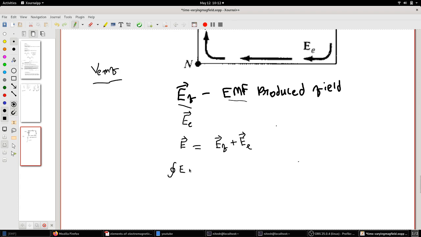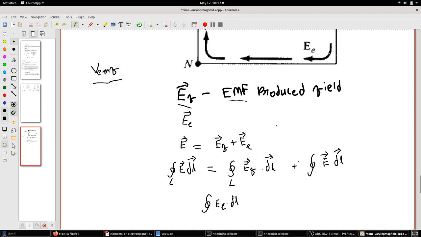for the closed circuit, the closed integral of E dot dl. I know that EE is conservative. The electric field due to charges is conservative, so the closed loop integral of EE dot dl will go to 0.